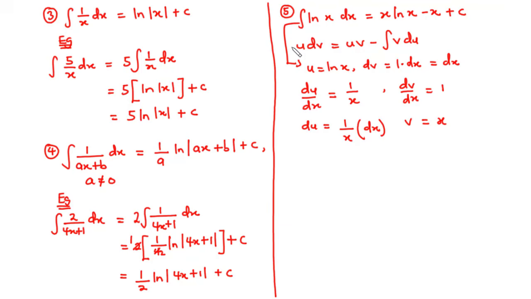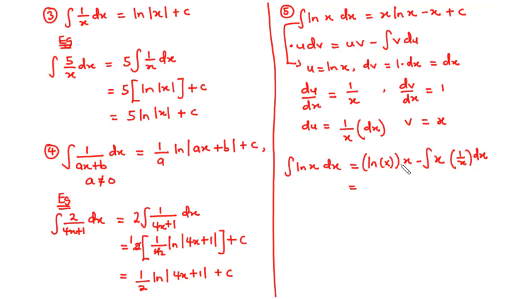So now using this formula, let's try to find the integral of this function using integration by parts. So we have the integral of ln of x dx to be equal to u. Now we have u to be ln of x times v. v is x, so we have this times x minus the integral of v. We have v to be x, and then du is 1 over x times dx.